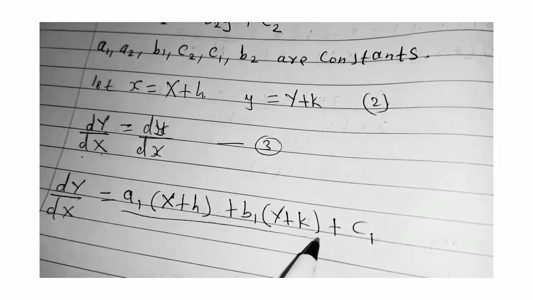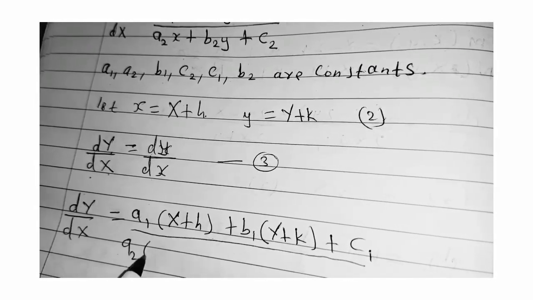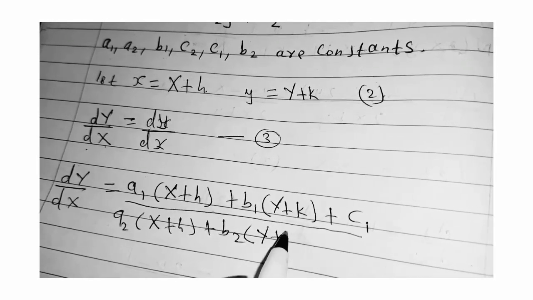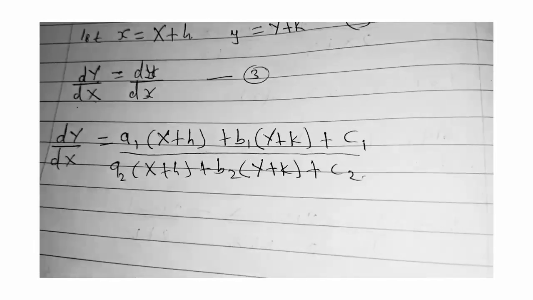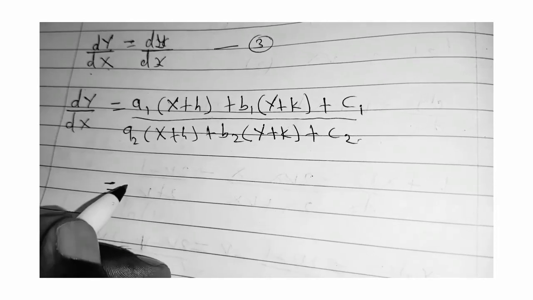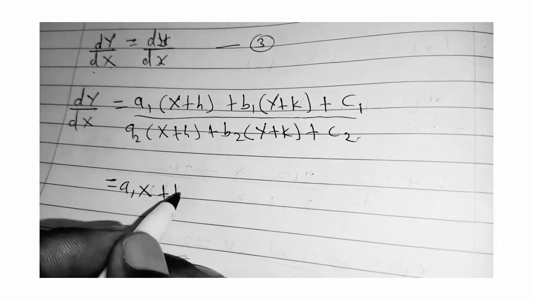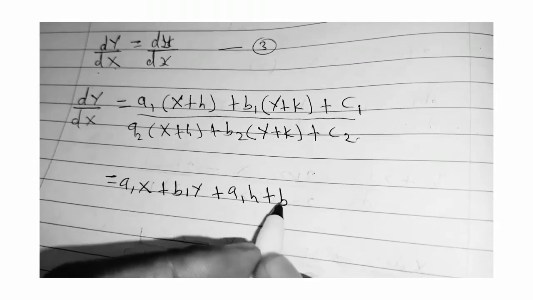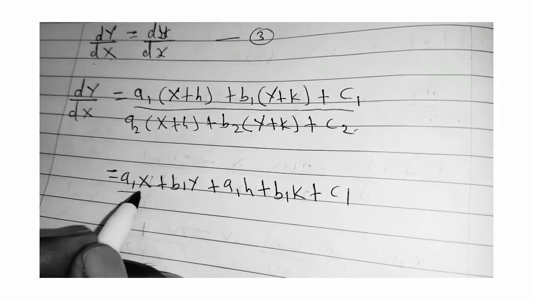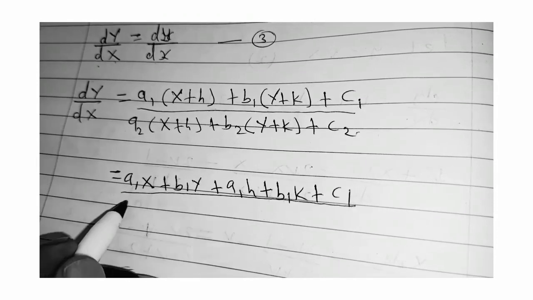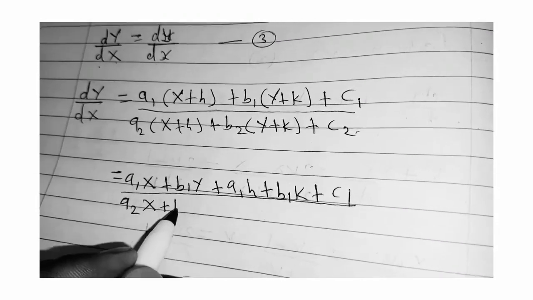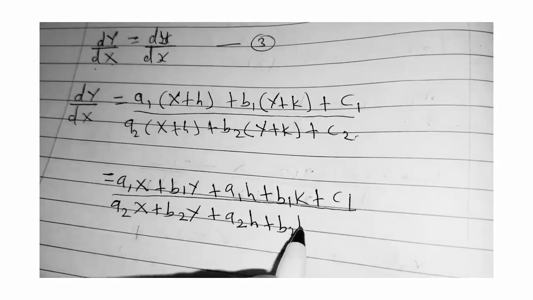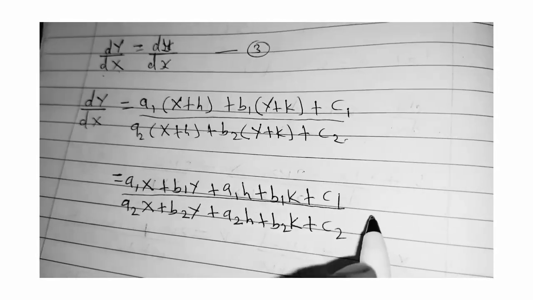Everything we divide by a2 into bracket capital X plus h, plus b2 into bracket capital Y plus k, plus c2, which we can write as a1 of capital X plus b1 of capital Y plus a1 h plus b1 k plus c1, everything divided by a2 of capital X plus b2 of capital Y plus a2 h plus b2 k plus constant c2. You can call this equation 4.